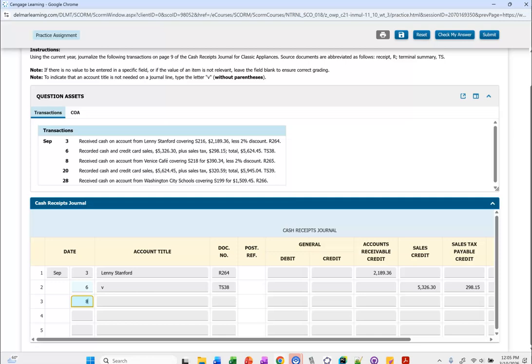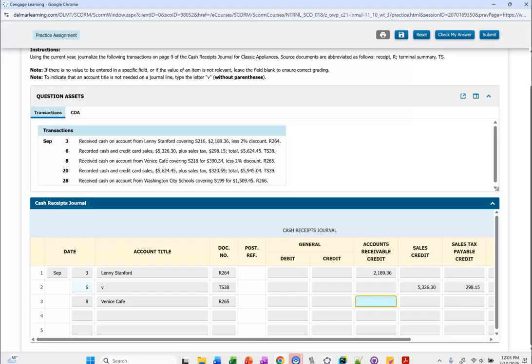Next one happens on the 8th. Received cash on account from Venice Cafe, so that's my account name, somebody specific. That was receipt 265, so R265. Again, they're paying on account, so this is an account receivable.